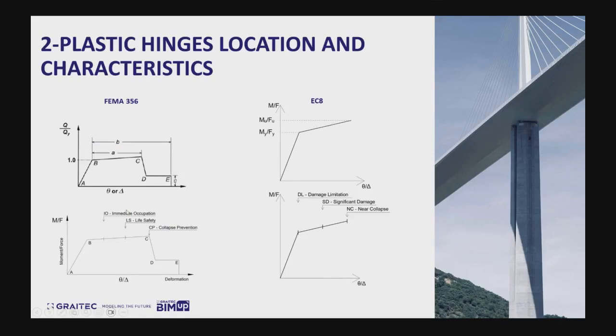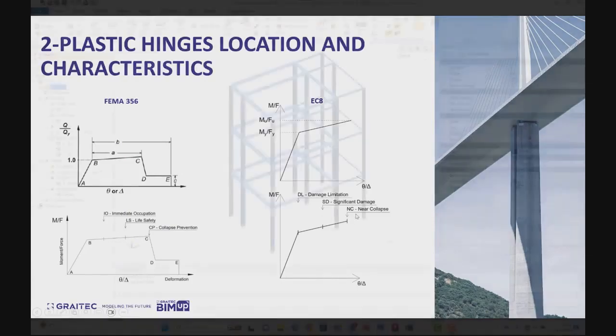And the codes define on these curves the plastic limits that we talked about earlier, the plastic limits that I need to control, I need to verify in the structure if I allow a little plasticity, medium plasticity, or a lot of plasticity depending on the importance of the structure. We can see it here in FEMA, for example, as immediate occupancy, life safety, collapse prevention. Here we have what we call damage limitation, significant damage, and near collapse.